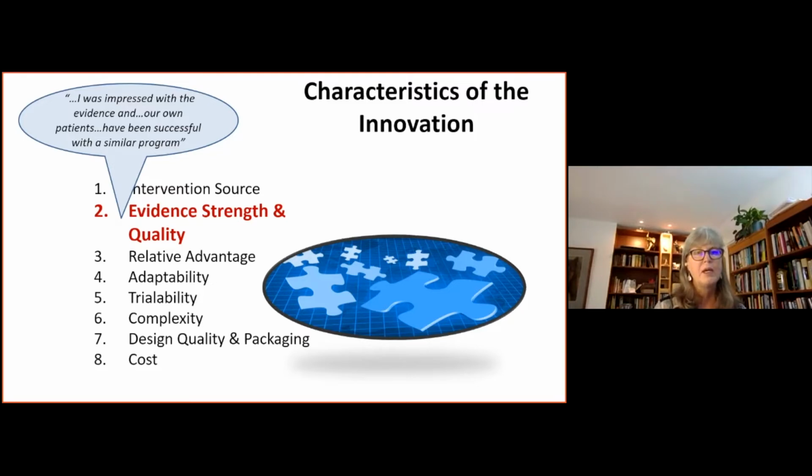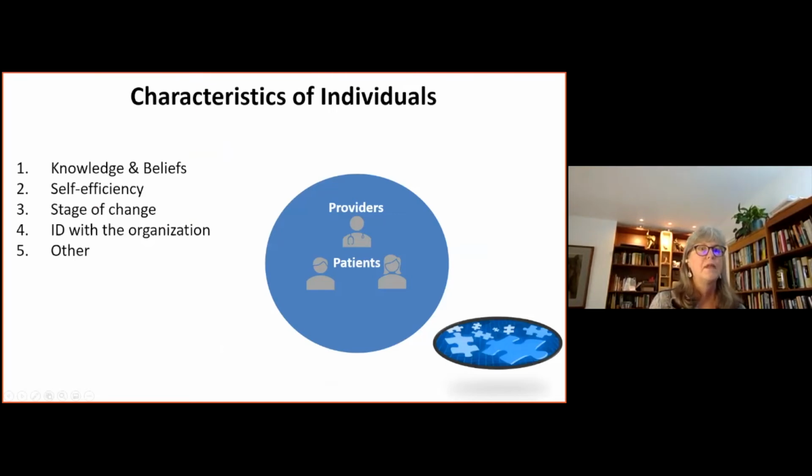The second part of what she was saying was coming from her own experience and knowledge and perception of her own patients. She's seen patients be successful in similar programs. So there's more than one source of evidence. Just because the scientific evidence may be strong, that doesn't necessarily mean that they're going to have a strong positive perception. And certainly we're seeing that these days with vaccinations, for example.